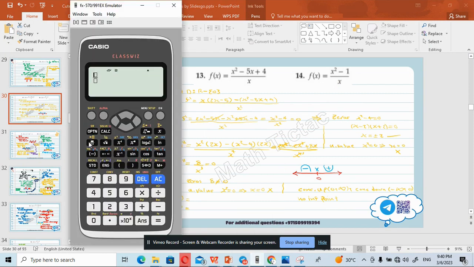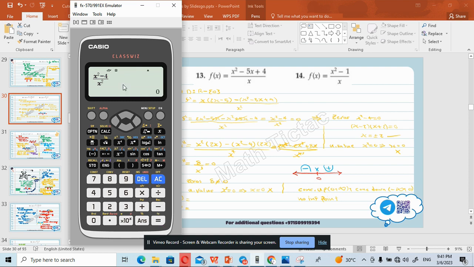My function is x squared minus 4 over x squared. Now calculate at minus 2.